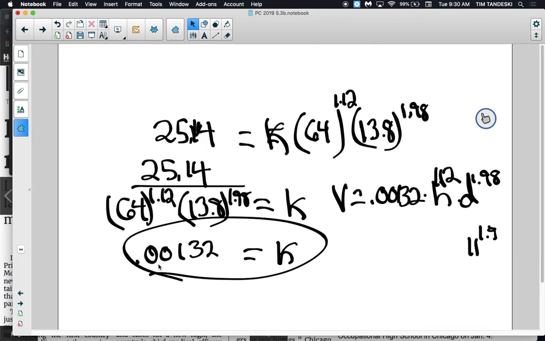I'm going to have 11 to the 1.98 power and 47 to the 1.12 power, and I'm going to take 0.00132 times those values. So I type 0.00132 times 47 raised to the 1.12 power times 11 raised to the 1.98 power into my calculator, and the volume of wood in that one would be 11.4 cubic units. Okay? All right.